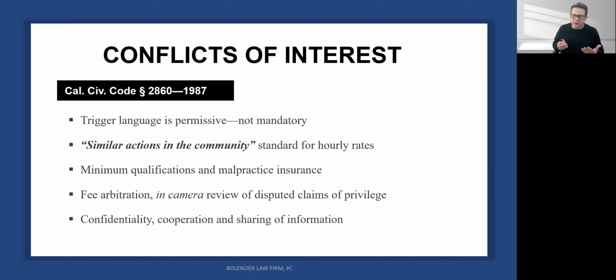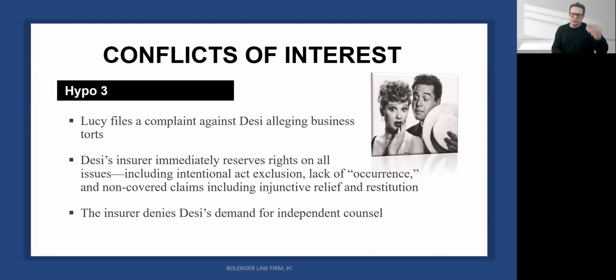They're allowed to demand E&O coverage and minimal qualifications, and there are various other provisions that address information sharing and protections for privileged material. By and large, in my judgment, 2860 has worked rather well. Let's look at a couple of hypotheticals.